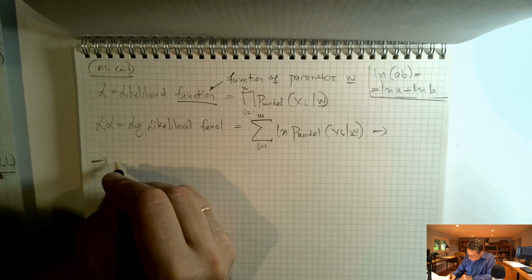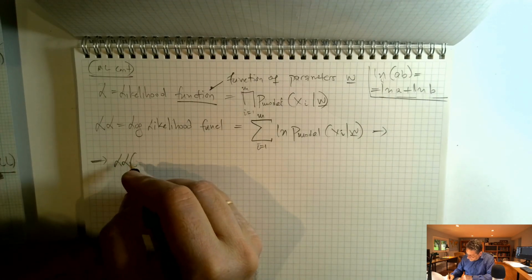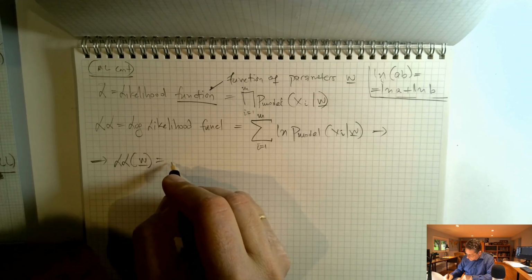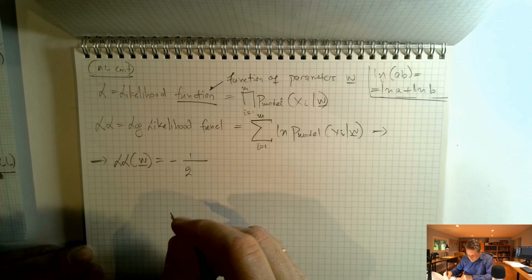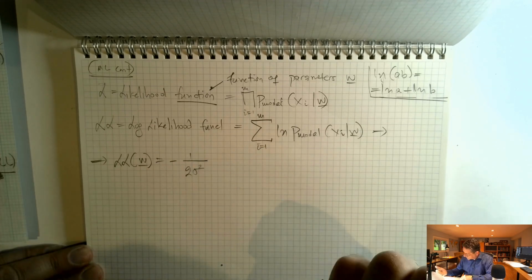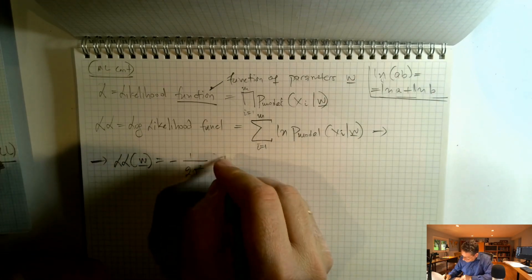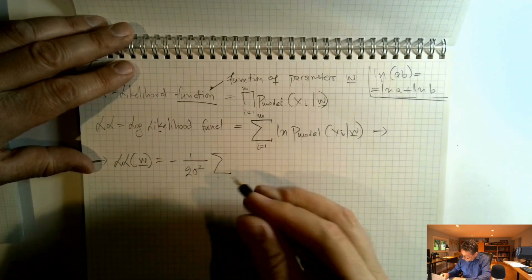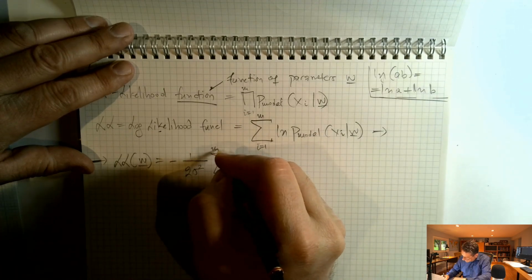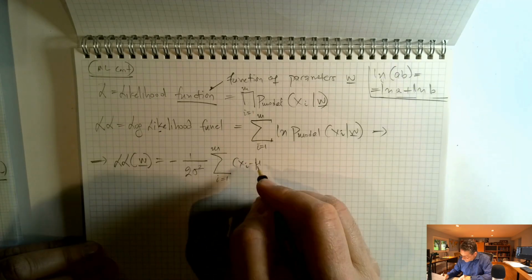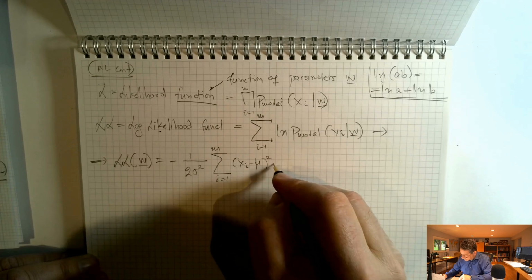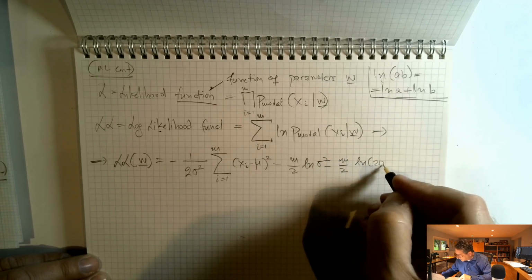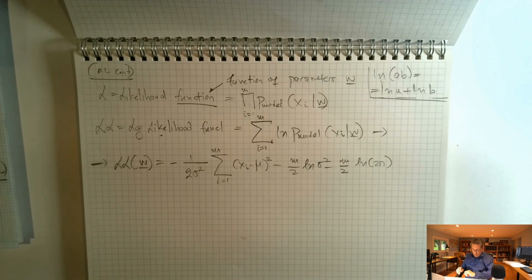So I can write here that the log likelihood of the parameters w, it is a function of the parameters w, it is minus 1 over, in this specific case of the P model, 2 sigma 0 squared, summation from i equals 1 to m of xi minus mu squared, minus m over 2 ln sigma squared, minus m over 2 ln of 2 pi. So this is the closed form expression for the log likelihood.